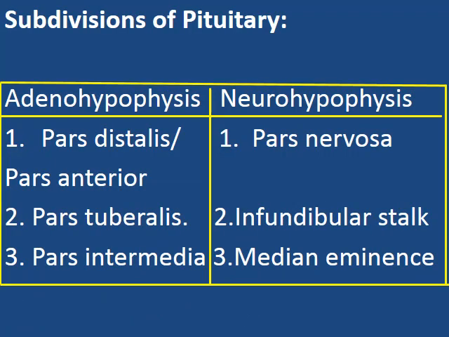Pituitary gland is divided into two parts as already discussed, that is adenohypophysis and neurohypophysis. Now adenohypophysis has three parts, that is the pars distalis or pars anterior, second part is pars tuberalis, and third part is pars intermedia. The neurohypophysis again has three parts, that is the pars nervosa, infundibular stalk and the median eminence.